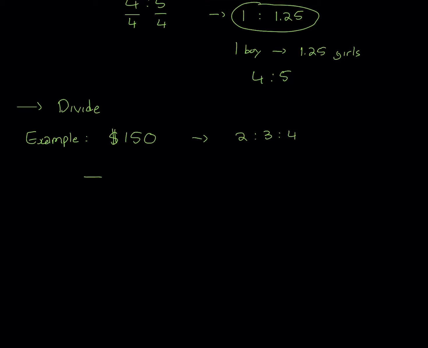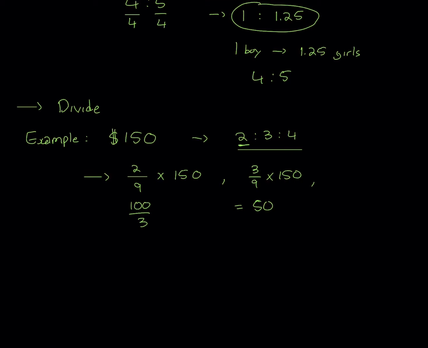To do this, you simply say 2, which is the first portion, divided by the sum of all of them, which is 2 plus 3 plus 4, which is 9. Okay, 2 over 9 times 150. Let me just plug that in. 2 over 9 times 150, and you get 100 over 3. Then you say 3 over 9 times 150, and you get 50.